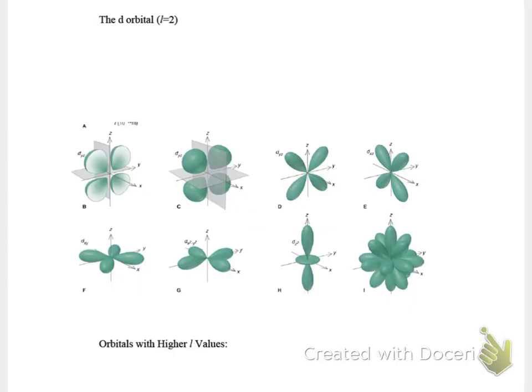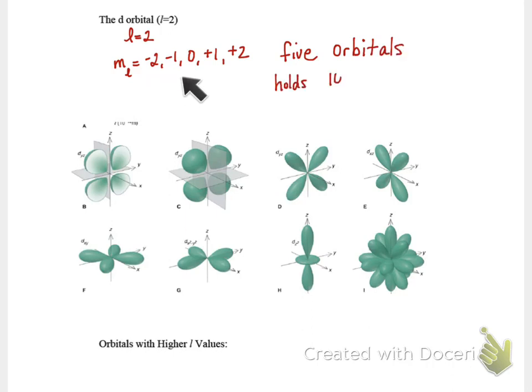Next sublevel, L equals 2, so ML equals -2 up through +2, which is 5. 5 orbitals, each one can hold 2 electrons, so it can hold a maximum of 10 electrons.